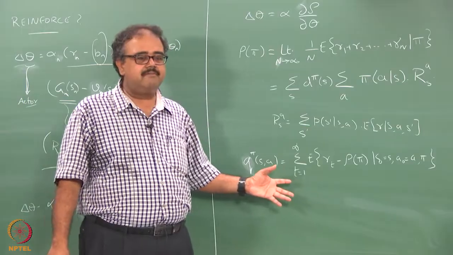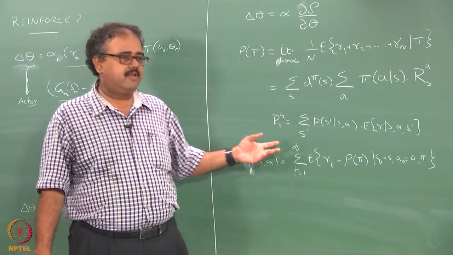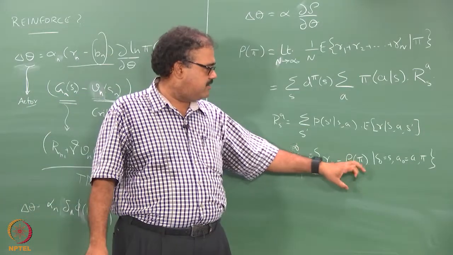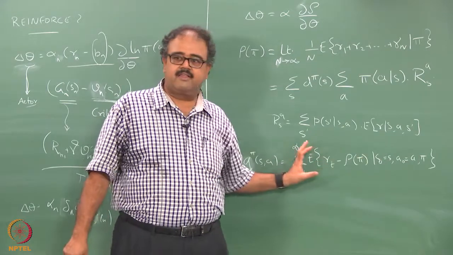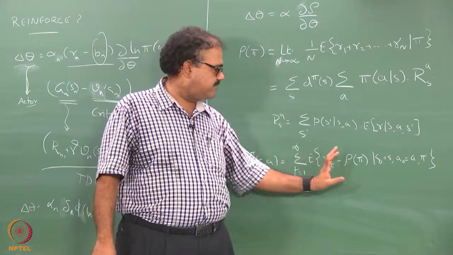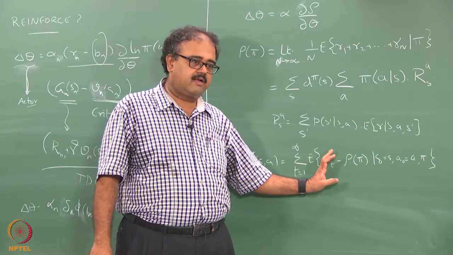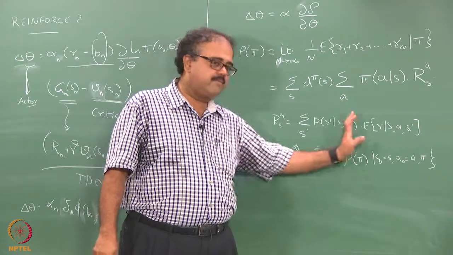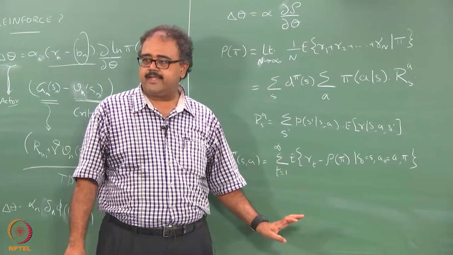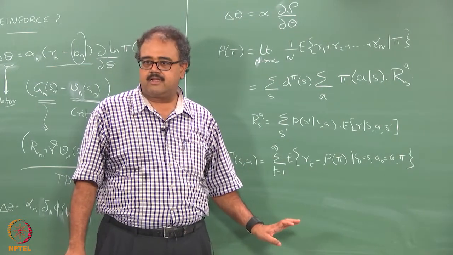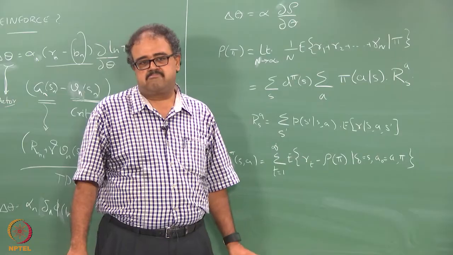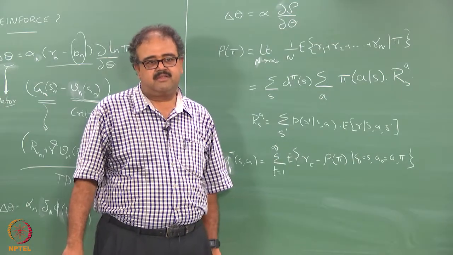There should not really be a difference, if you think about it. If I remove this difference and take the summation in, the summation over R t, t equal 1 to infinity, summation over rho pi, t equal 1 to infinity, it looks like it should be the same.